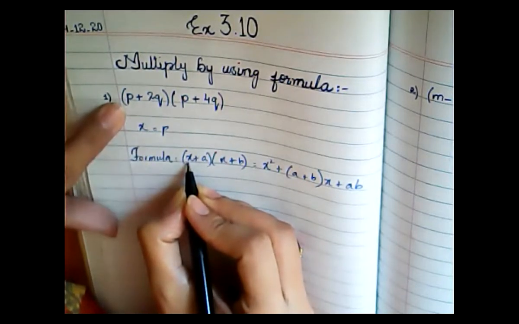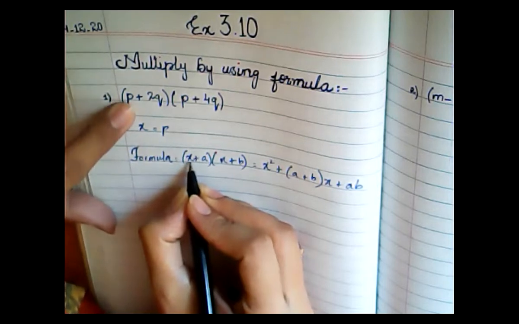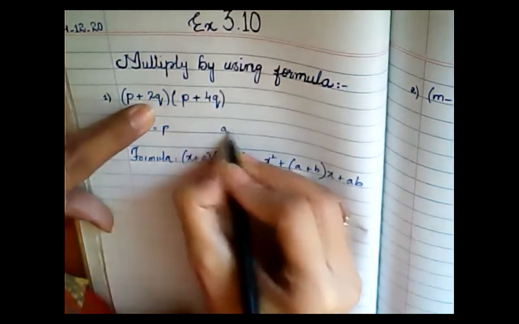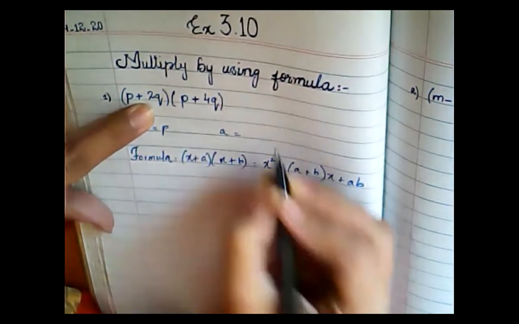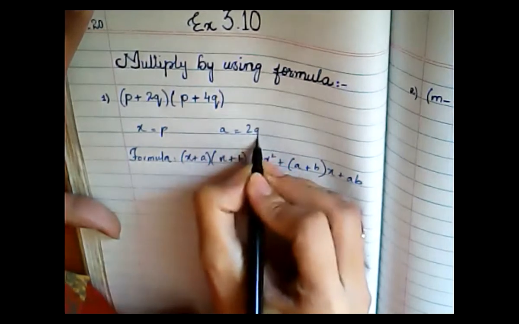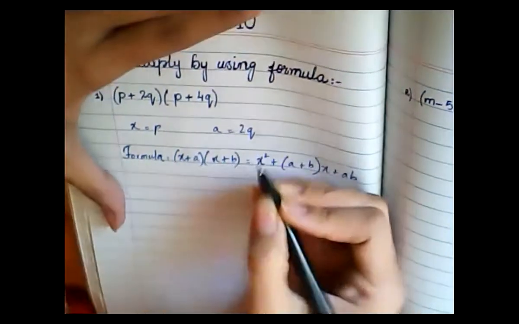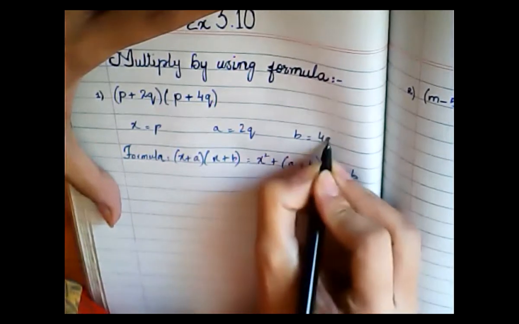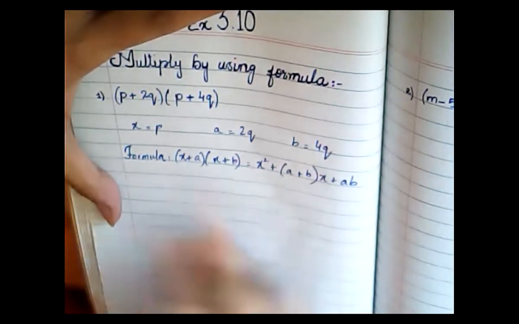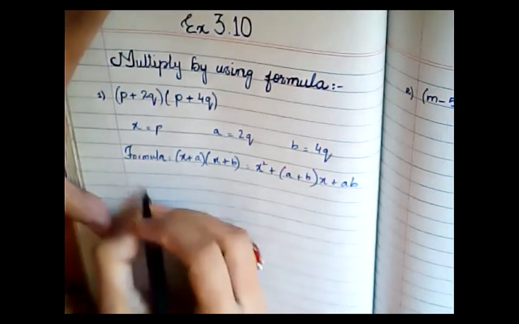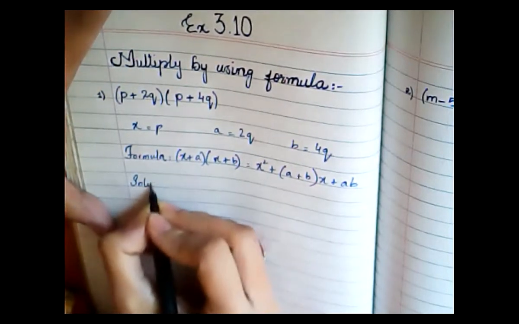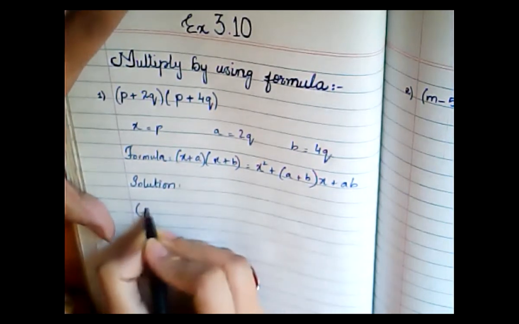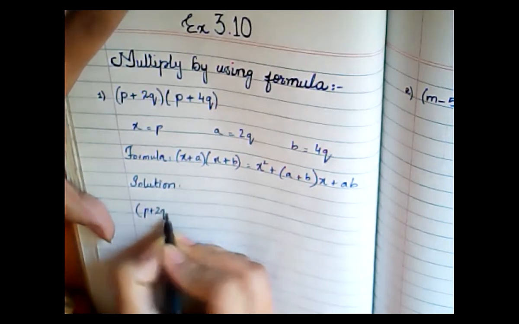So by comparing, x is equal to p, a is equal to 2q, and b is equal to 4q. By comparison we get the values. Now let's start the solution. Very simple, students. Now look at the solution carefully. First we have to copy down the question, that is p plus 2q.